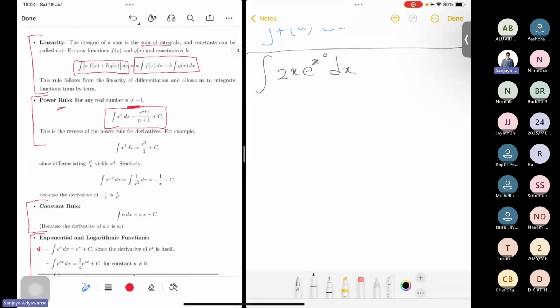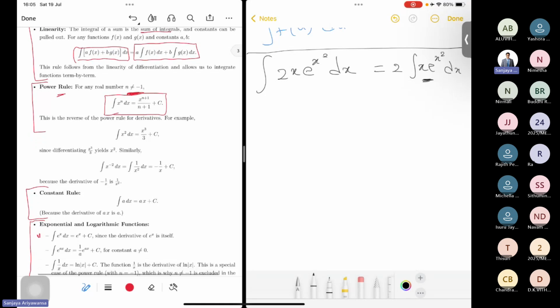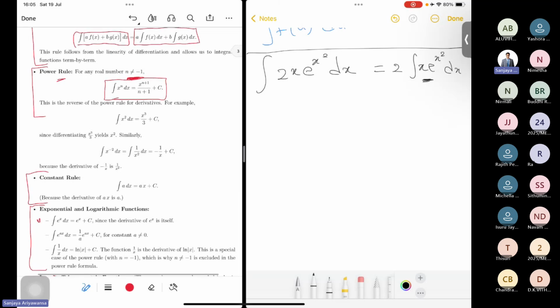So we have the linearity rule, which we can't use here. We have the power rule. Power rule also doesn't seem, I don't think we can use it directly. You have the constant rule. Well, the constant rule, the only thing we can do is take 2 out and then leave x times e to the power x squared dx, but it doesn't help. And afterwards, what do we do? Because these are multiplication. And then we have the exponential logarithm functions.